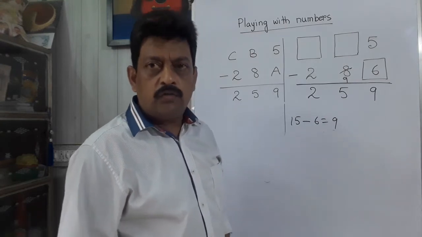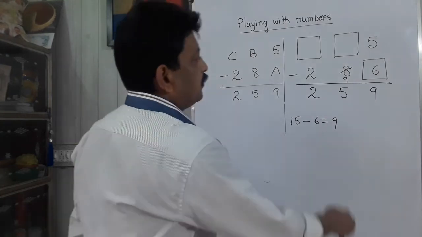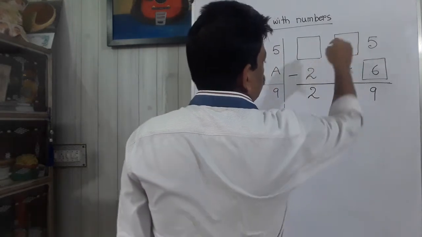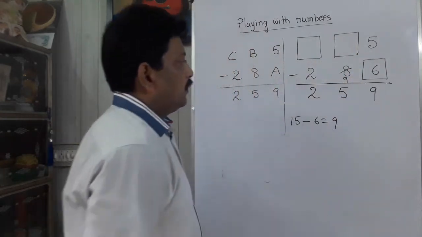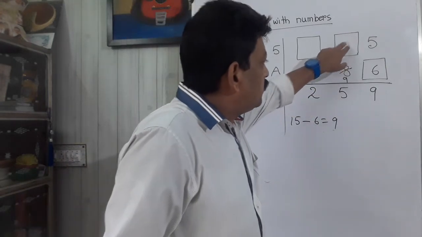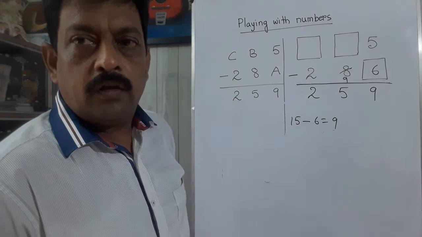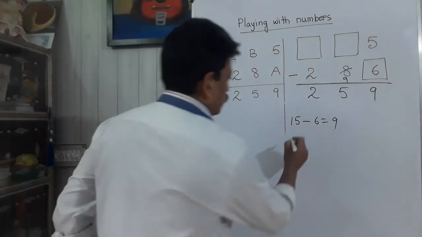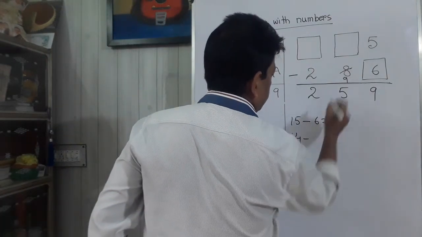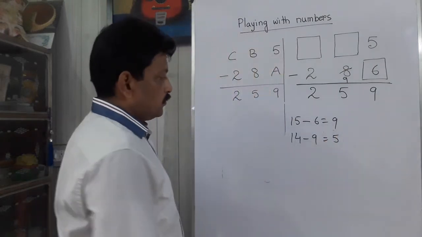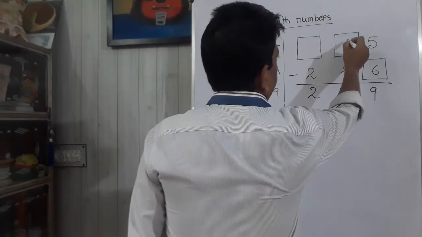But there are 2 digit numbers. If we consider a 2 digit number, then the 2 digit number minus 9 will give 5. So what is that number? It is 14. 14 minus 9 will give us 5. So here it will be 4.